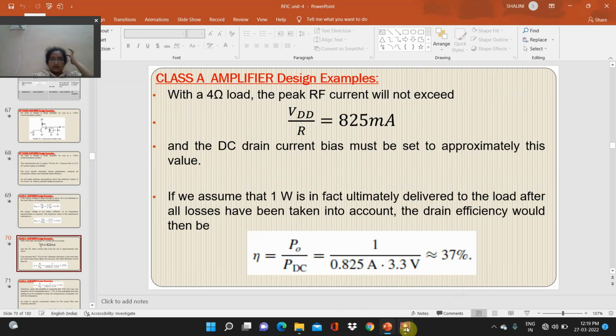If we assume that 1 watt is in fact ultimately delivered to the load after all losses have been taken into account, the drain efficiency would then be eta equal to P naught by PDC, equal to 1 by 0.825 A times 3.3 volts, that is 37% efficiency.